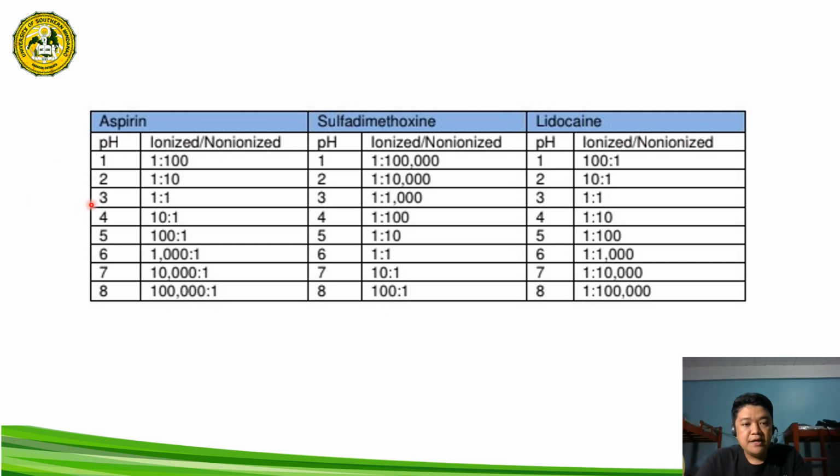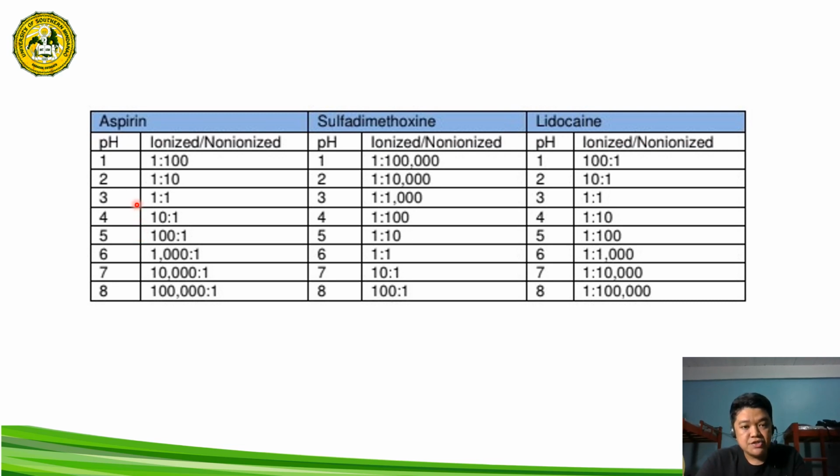A pH that is greater than the pKa of aspirin would mean that there will be more of the ionized form. For example, if we increase the pH of the environment by 2, from 3 to 5, there is a 100-fold increase in the level of our ionized form.